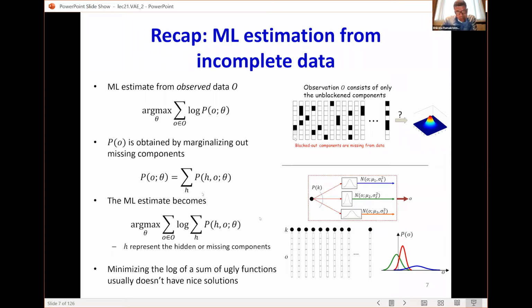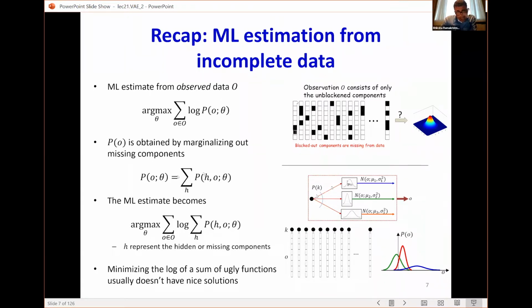And so the actual process generates a more complete data. The process generates the complete vector over here, or the process selects a Gaussian and then generates an observation. But in the process of observing the data, some of this information is masked, like these components may be masked, or the identity of the Gaussian that generated the observation may be masked.